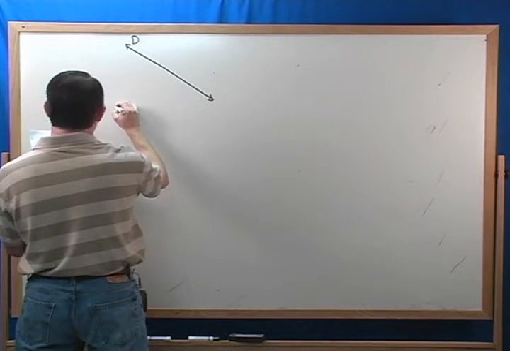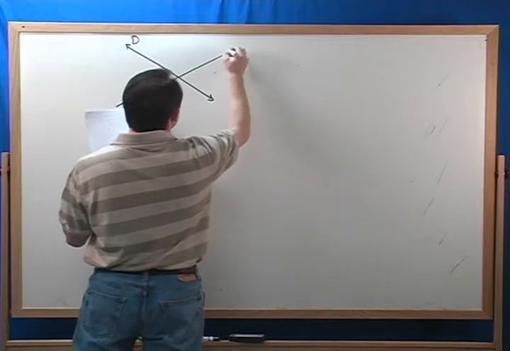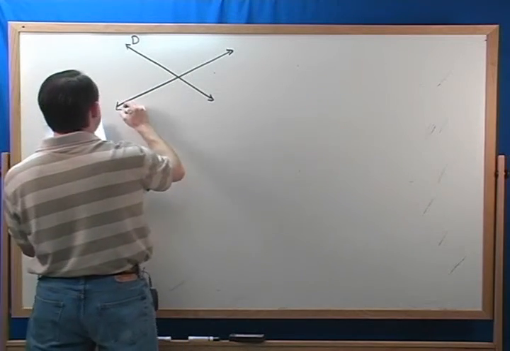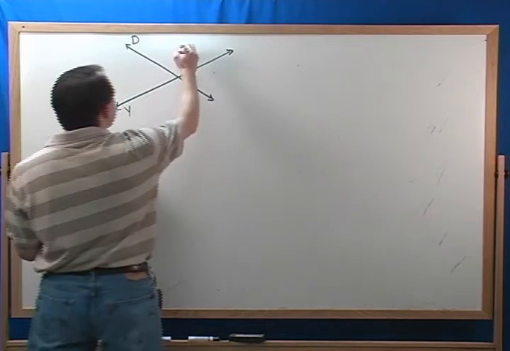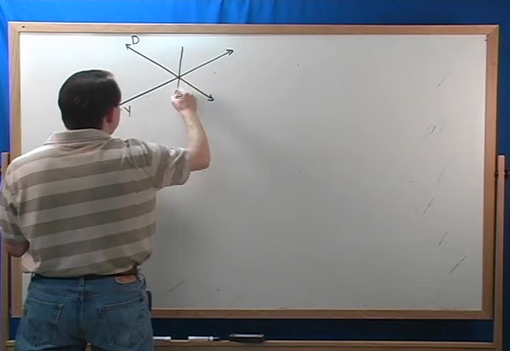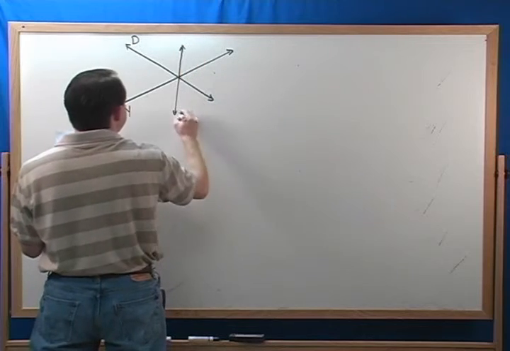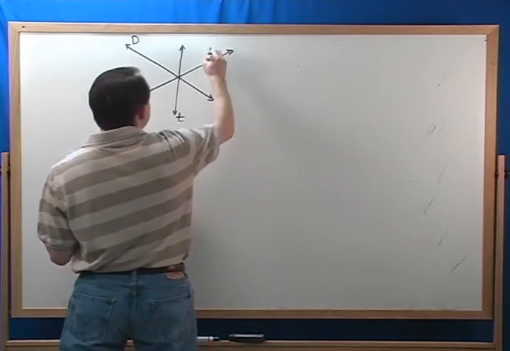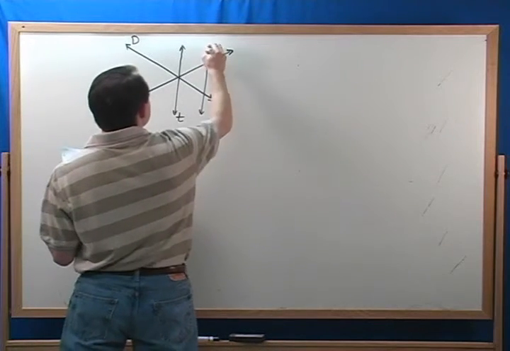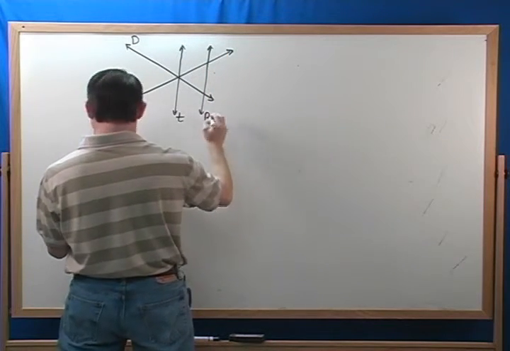Then we have a line Y that goes on like that. And right here we have line T, and then over here we're going to have another line, and we're going to call that line R.